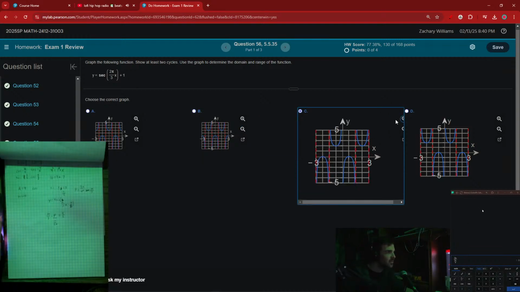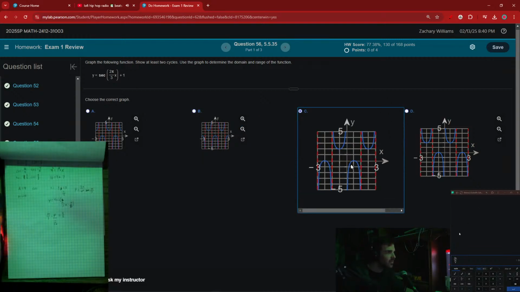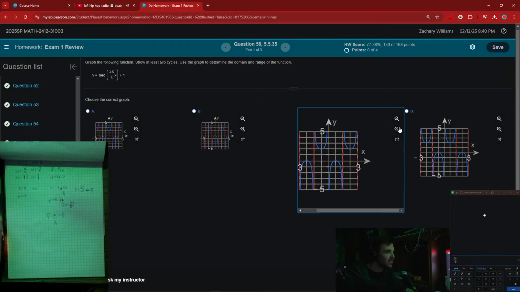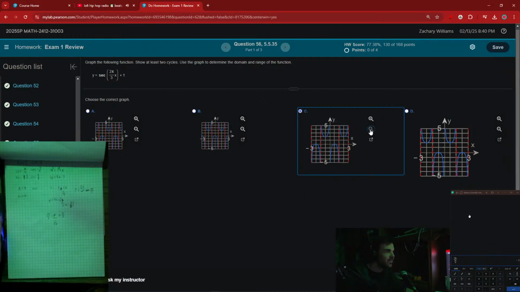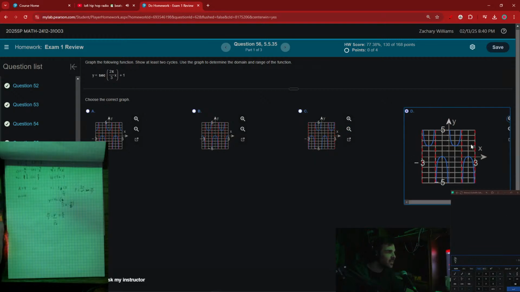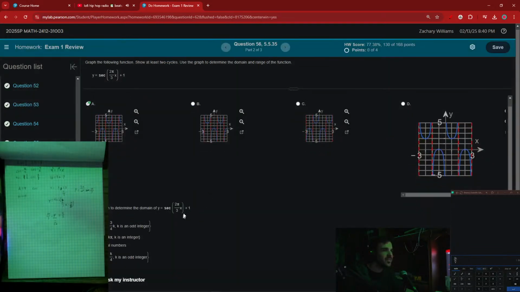This one doesn't start in the right place, it starts on the x-axis. That is this one. This is like the cosecant of what we're trying to do. So I think it's A. Nice.